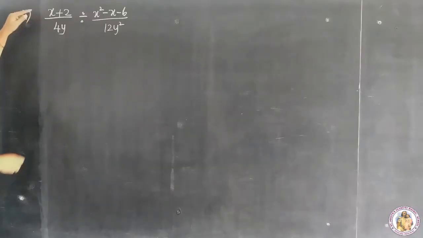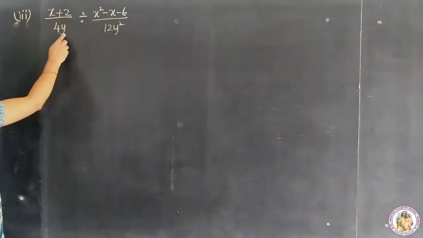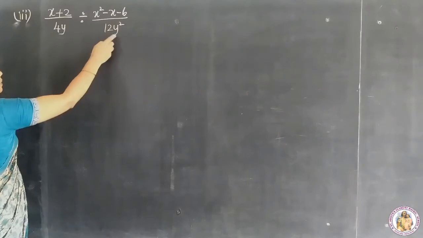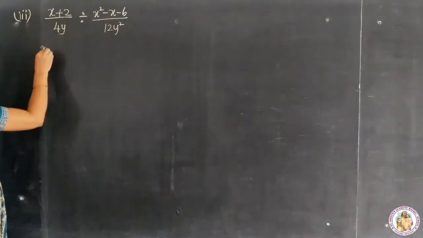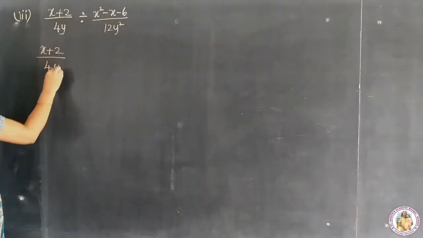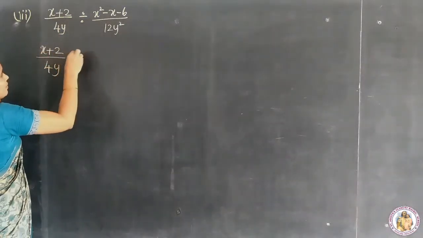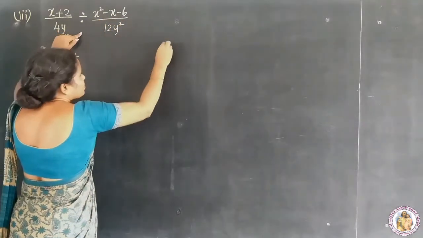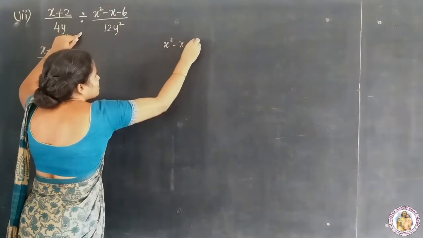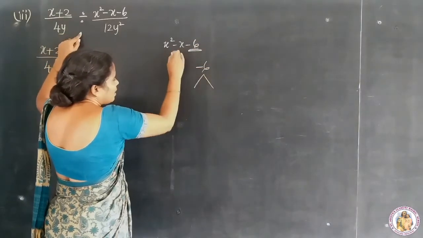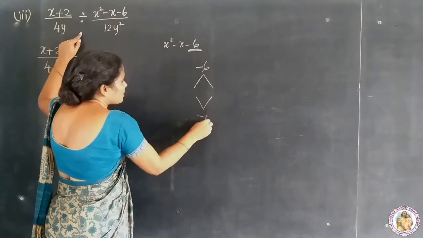Question number 3. (x plus 2) divided by 4y, divided by (x square minus x minus 6) over 12y square. So here it is already factorized. x plus 2 is simplified already, 4y. Divided, so x square minus x minus 6. To factorize, for minus 6 we must get minus 1.